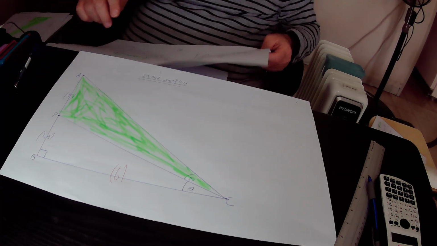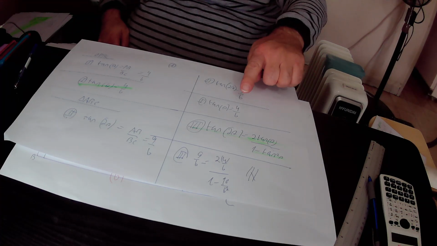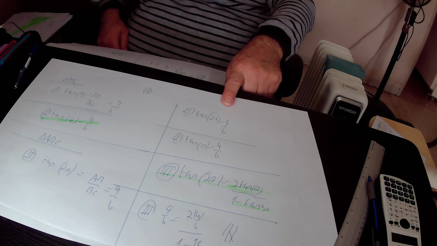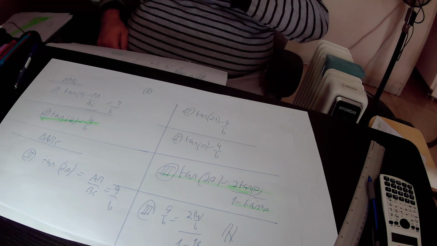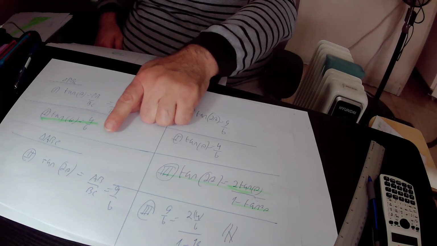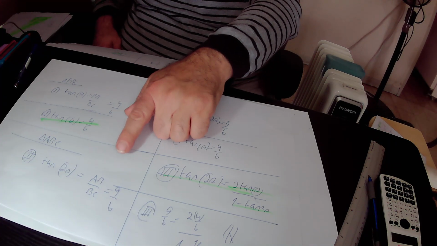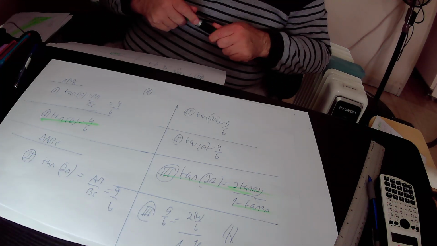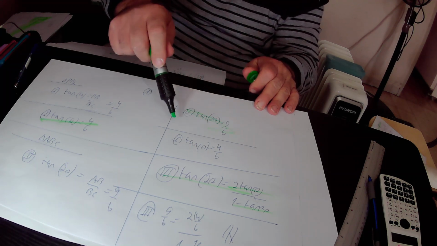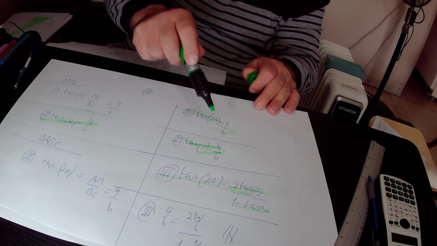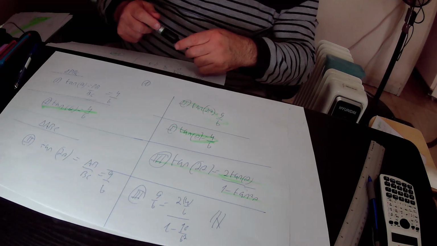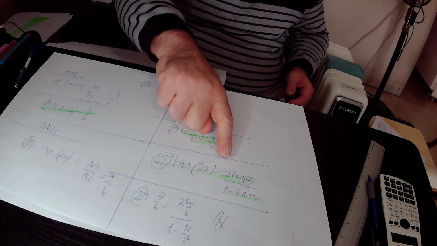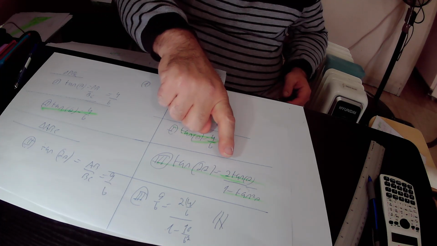BC is B. So tangent theta equals 9 over B, according to equation 2. According to equation 1, we found that tangent theta equals 4 over B. We have the trigonometric identity that says tangent 2 theta equals 2 tangent theta over 1 plus tangent squared theta.